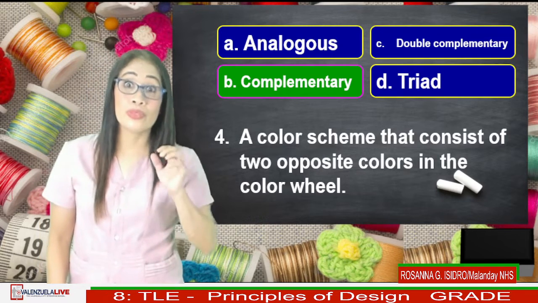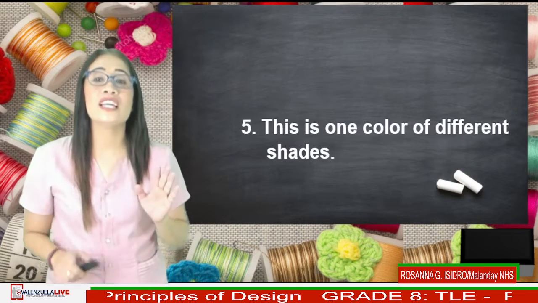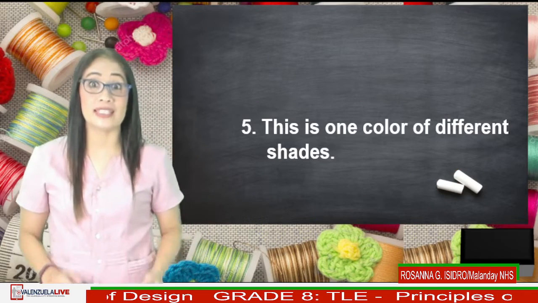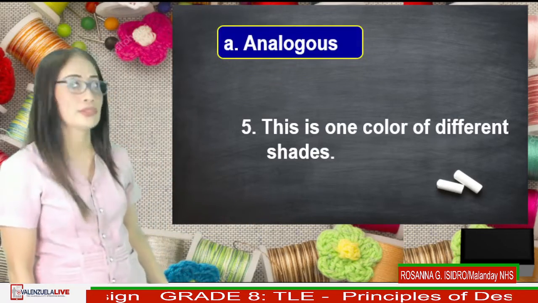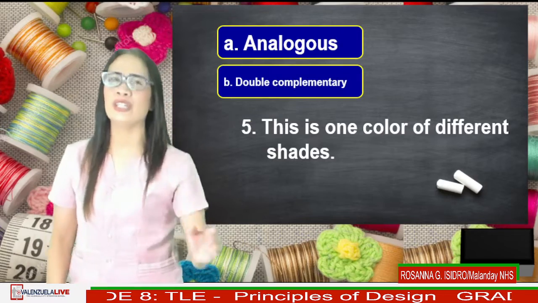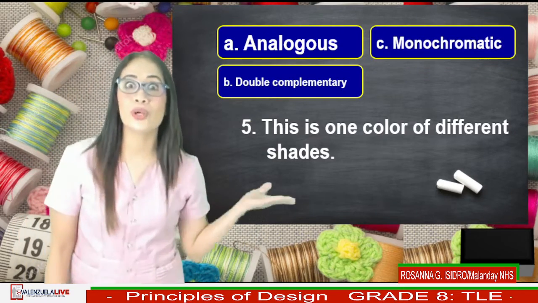Let's have the last one, number 5. It is a one color scheme with different shades. It is letter A, analogous, or letter B, double complementary, or letter C, monochromatic, and last, letter D, triad.